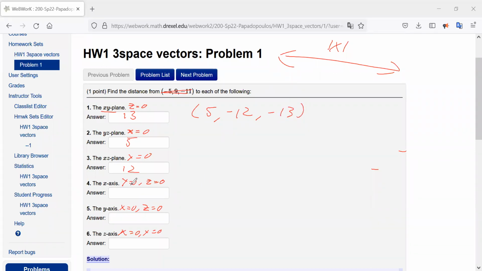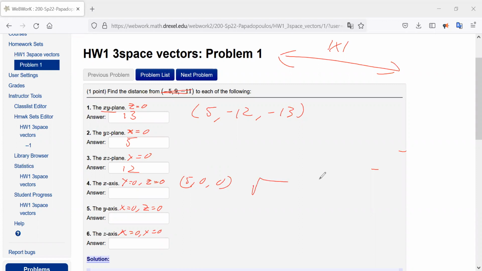So here we have y equal to 0, z equal to 0, but we can still pick our x to be anything. Again, that's going to be minimized when the x value of our point on the x-axis is equal to the x value of our given point. So here we're going to try to find that point that'll minimize the distance. That'll be 5, 0, 0.